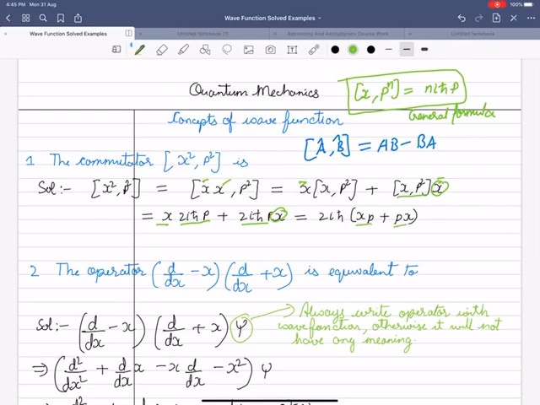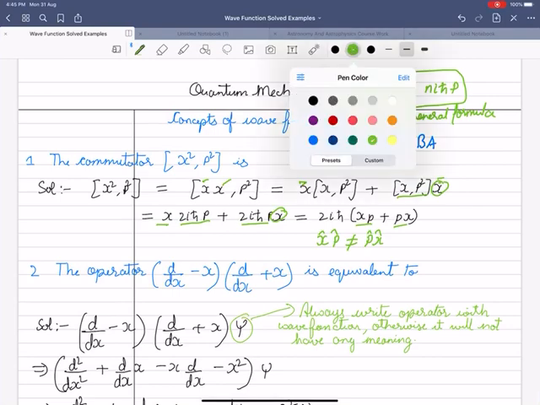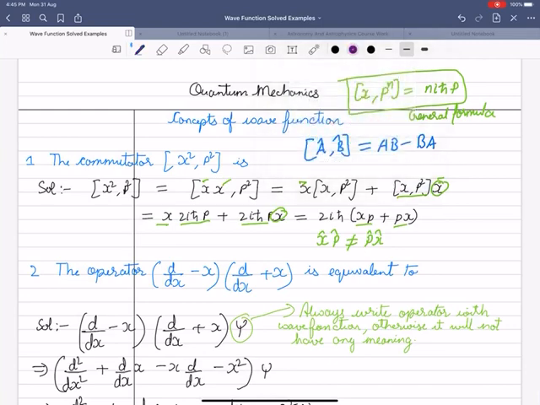Now you have to remember that in quantum mechanics xp is not equal to px. It is in operator form. In classical mechanics, xp plus px you can write as 2xp or 2px, but in quantum mechanics it is an operator and the order matters a lot. xp is something different and px is something different.